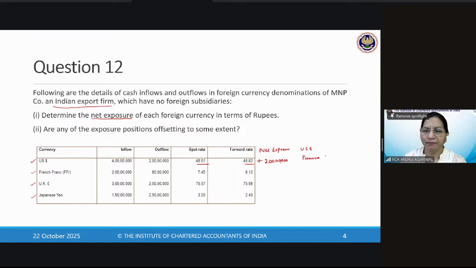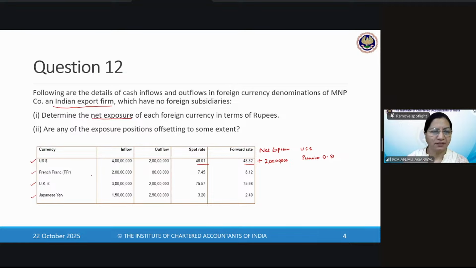How much is the premium? 0.81, right? 48.01 minus 48.82. You can subtract the two. How much is the difference in the exchange rates from spot to forward when you might be receiving the payment? It is 0.81. So though you had an exposure in US dollar, the position got offset to some extent because of the increase in the forward rate as compared to spot. So you had offset this position because the currency is at premium.